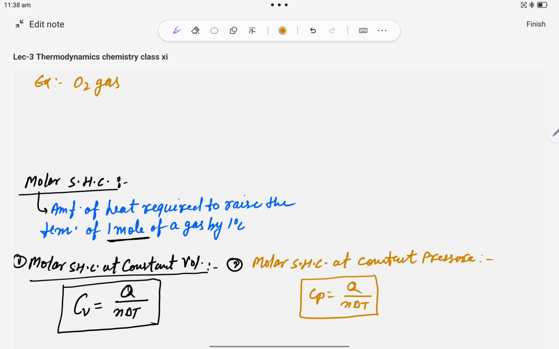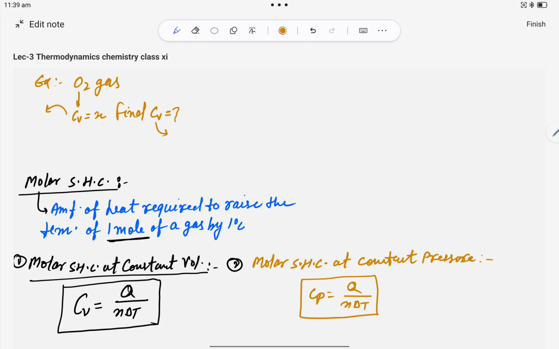For O2 gas, small cv is x, then find capital Cv. So small cv is what, children? 1 gram, and capital Cv 1 mole. That is the difference. Small cv means for 1 gram of O2 to raise the temperature by 1 degree Celsius, required heat is your small cv, and capital Cv for 1 mole.